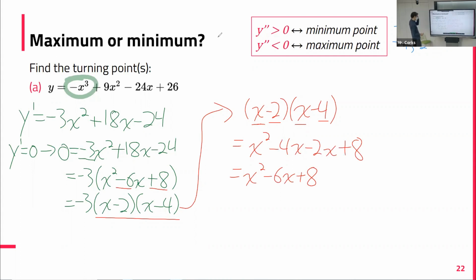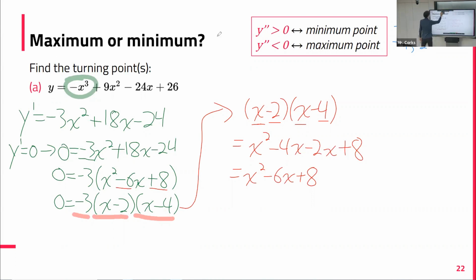All right, so from here, all of this equals 0. Let me just write that out here on the side again. 0 equals -3(x minus 2)(x minus 4). So we have 3 things here being multiplied together, and the result is 0. So at least one of those things must be 0. The negative 3 is obviously not 0.